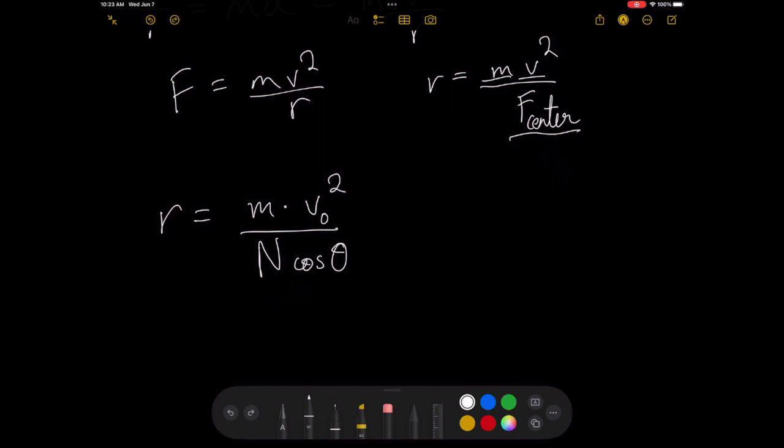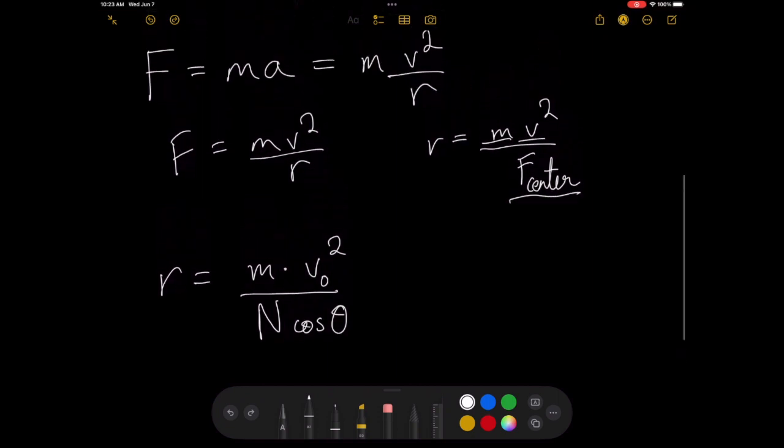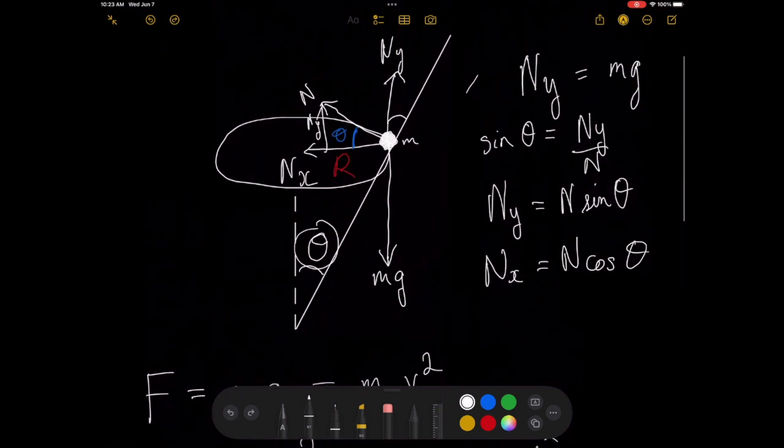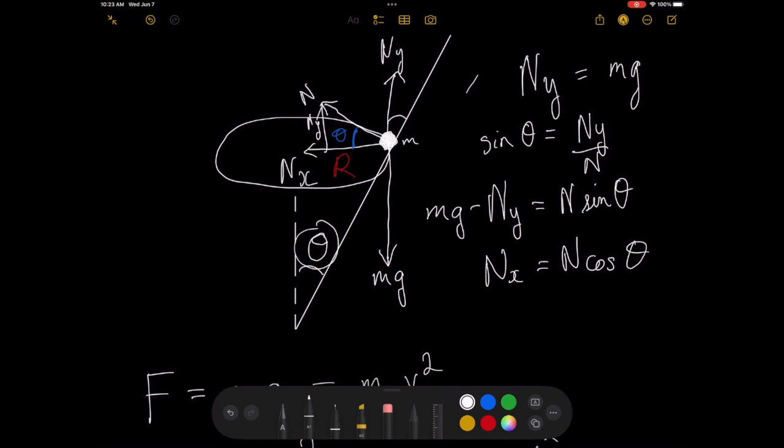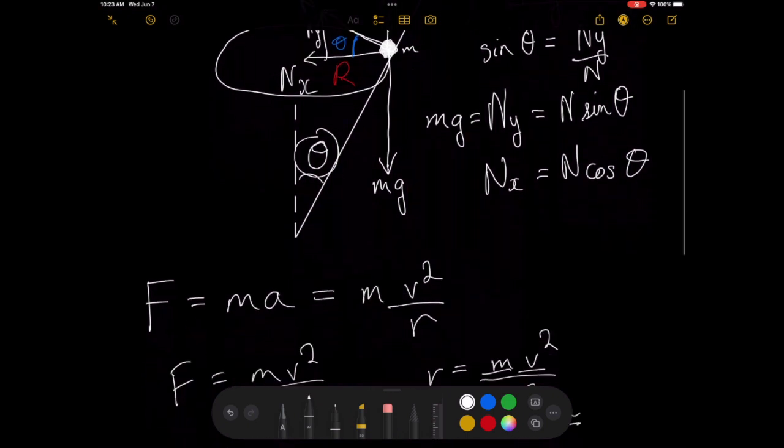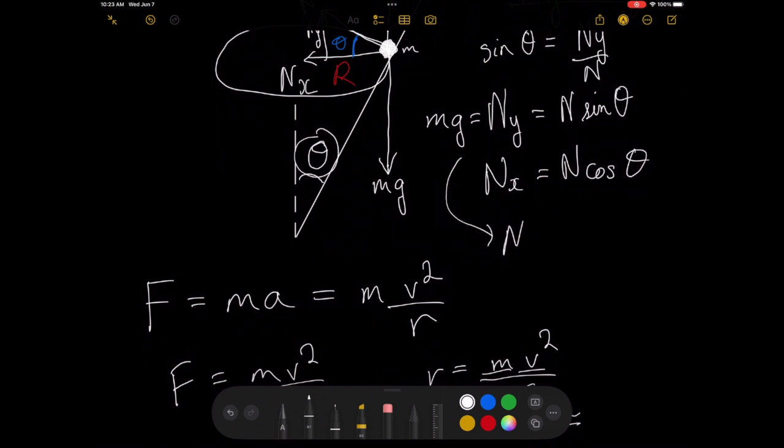But if you recall, the problem says that we were supposed to find it in terms of v naught, g, and theta. So we have to get n cosine theta, or n, in terms of m and g. If we come up here, we can see that ny is n sine theta. That is also equal to mg, as we see up here. And so n sine theta is equal to mg, and so n is simply equal to mg over sine theta.